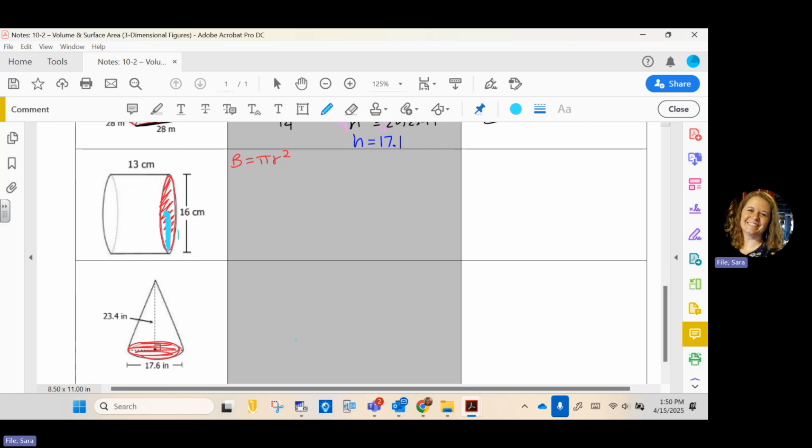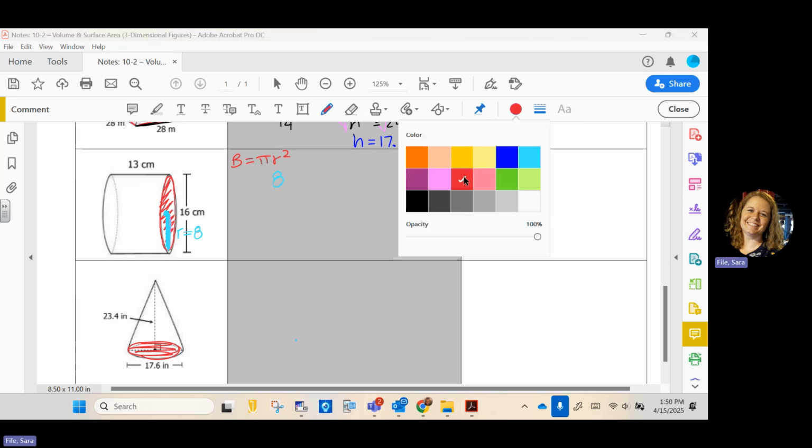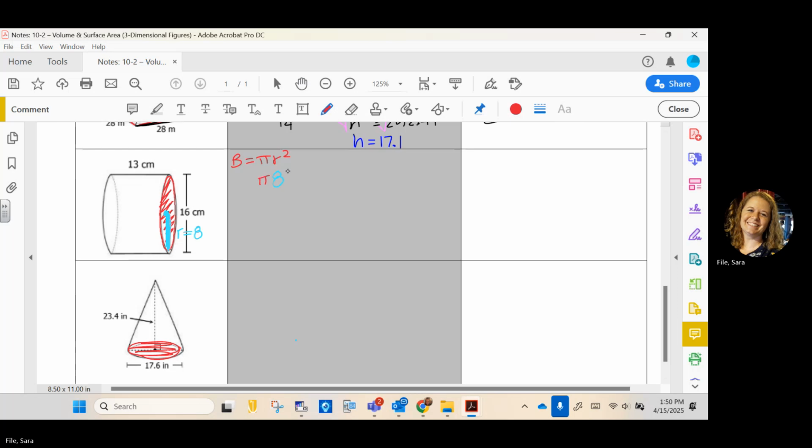The radius is half of the diameter. So the radius is 8. So I'm going to do pi 8 squared. Now, I'm going to leave pi. So 8 squared is 64. So I'm going to just say 64 pi is the area of my base.